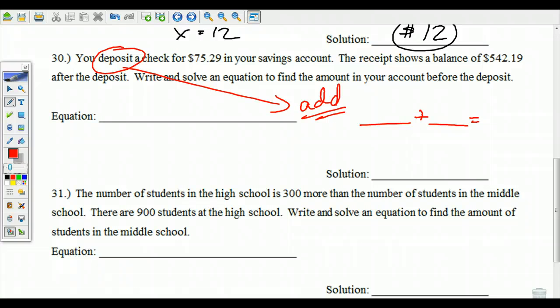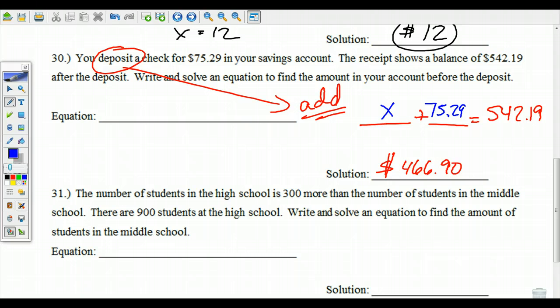And the total amount is $542.19. So it's going to be what you deposited, 75.29, plus what's already in there. That'll be x. So there's your equation. When you solve that, you'll subtract 75.29 from both sides, and your final answer will be 466.90.